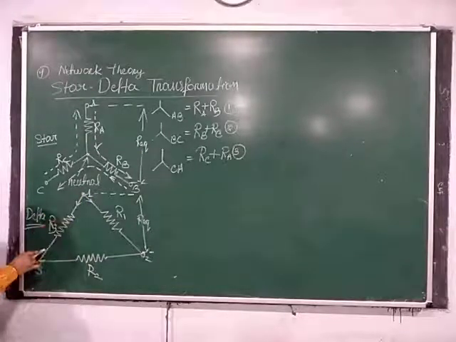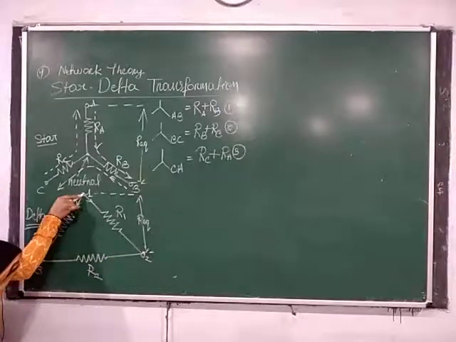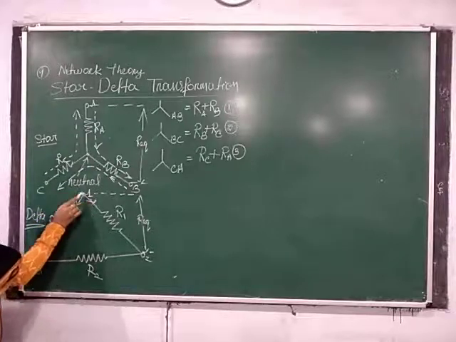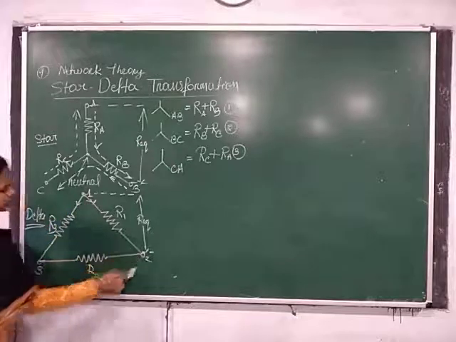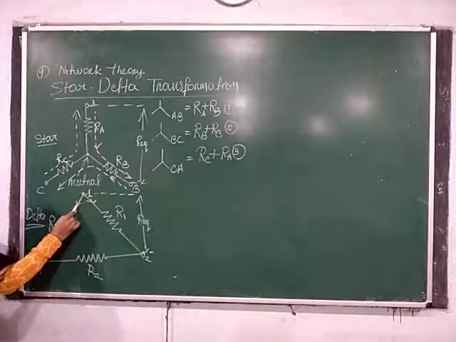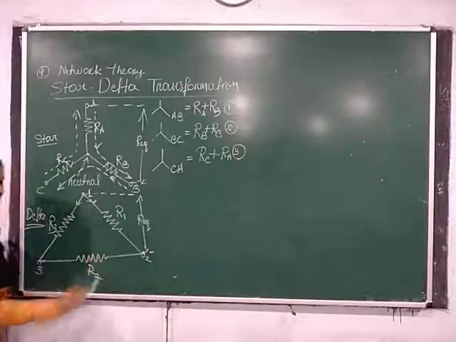When I go from 1 to 2 by following the first path, it comprises only the R1 resistor. When I follow the other path, I get two resistors connected in series.